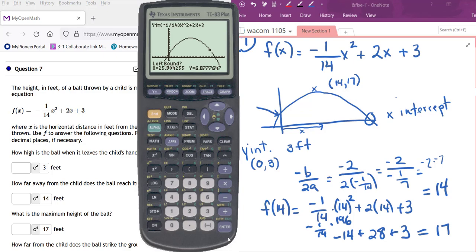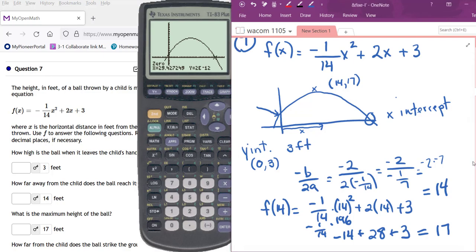So we're clearly to the left of it. Enter. Now we want to get to the right of it. All right, we're clearly to the right of it. And then just click enter again for guess. And so for this value, we have 29.4272. And let me scroll this down just a little bit.